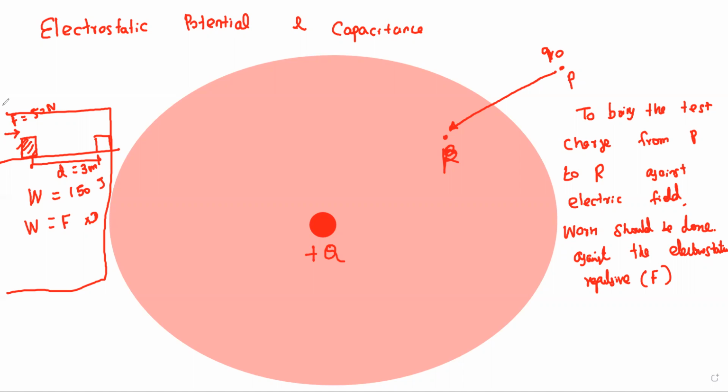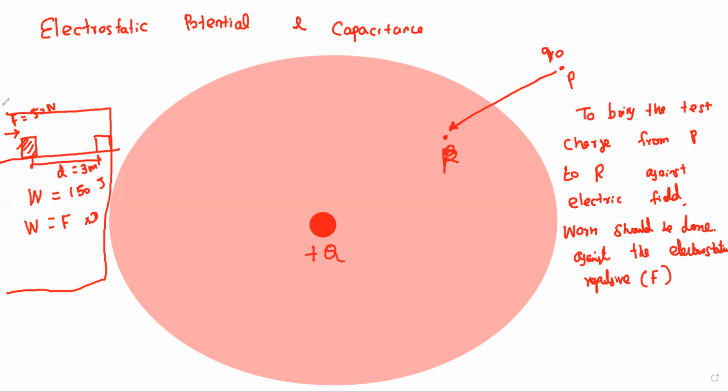So this Q0 is to be moved against that force. That means the force is the electrostatic repulsive force, and the distance it needs to move is R. So F into R is what you multiply to calculate the work done. Here you are simply applying 50 Newton, because of that it moves 3 meters, so 50 into 3 you multiply.